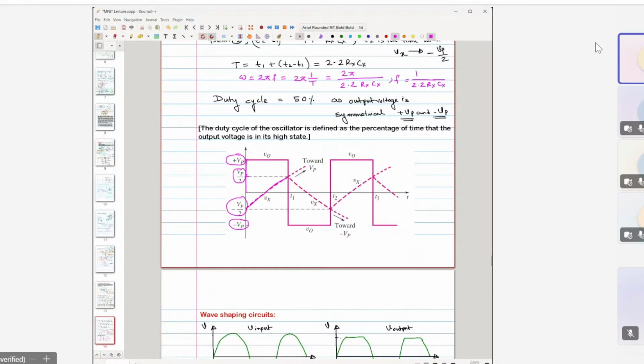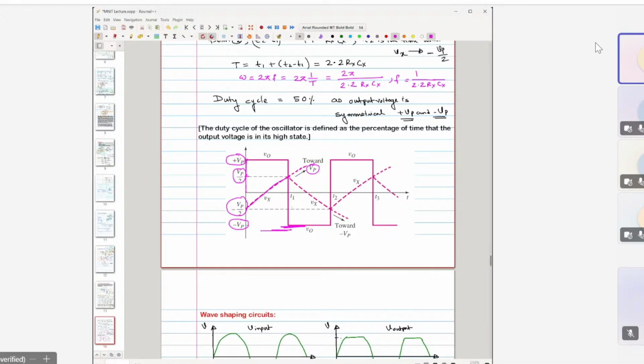Now when it reaches this point, if that criterion is not there, then it should have charged till Vp. But we are using it as a comparator. So as soon as this Vx becomes equal to this Vp by 2, the comparator action kicks in, and that makes the output voltage equal to minus Vp.